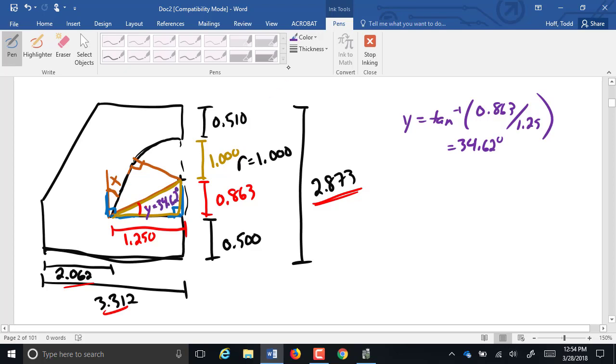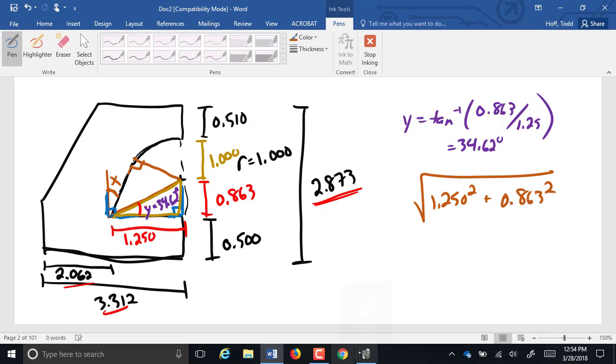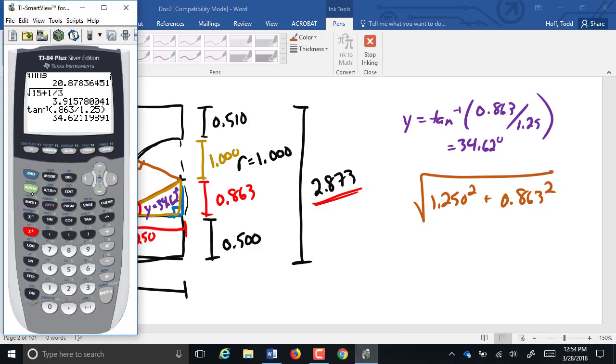The hypotenuse, well, the easiest way to do that is just the square root of a squared plus b squared. It was 1.519.